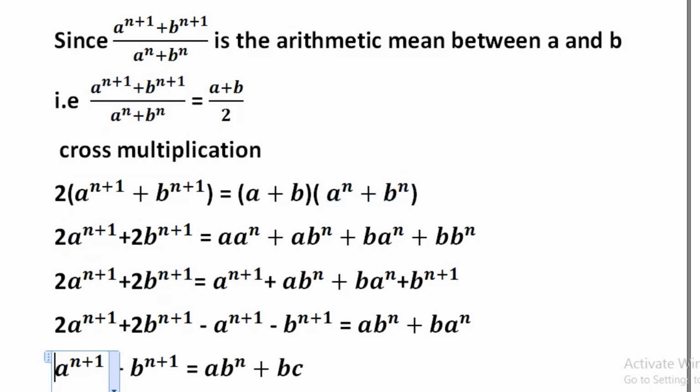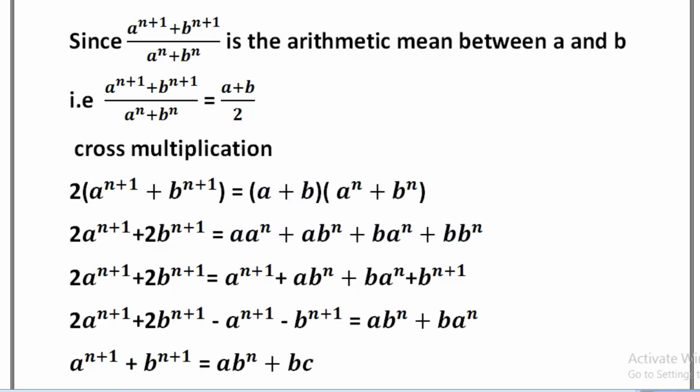So to multiply: 2a power n plus 1 plus 2b power n plus 1 is equal to, here a multiplies a power n plus a b power n, next b a power n plus b power n.